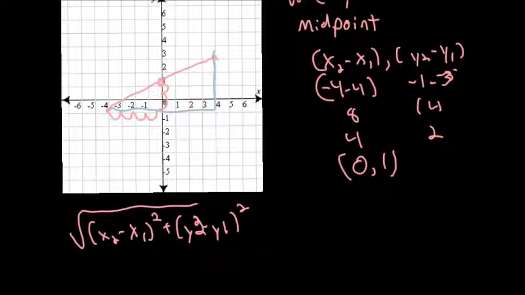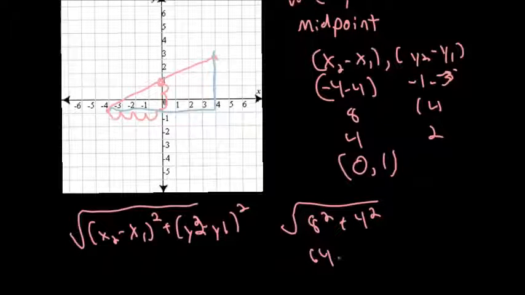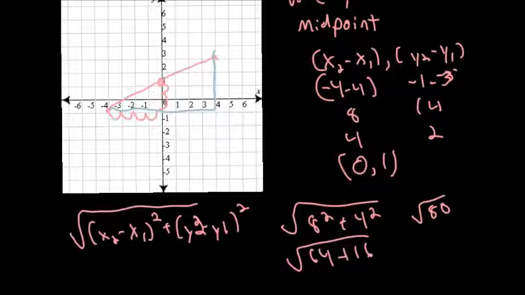We've already done the subtracting, so we got 8 and 4, and we just plug this in. So we got the square root of 8 squared plus 4 squared. 8 squared is 64, 4 squared is 16. We add those up, we get 80. So square root of 80, use your calculators. Square root of 80 is going to be about 8.9. So first we found the midpoint, and then we found the distance of the line.